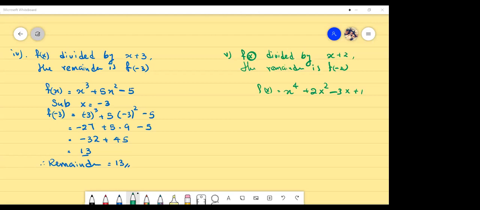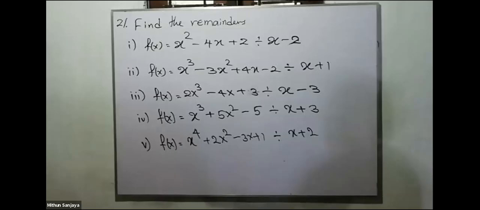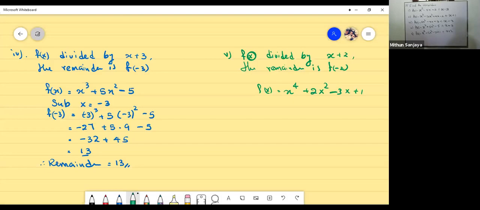x cube plus 5x squared minus 5. Check that. If we write the x squared, here x cube, right? x cube plus 5x squared minus 5. Okay, so here we substitute.